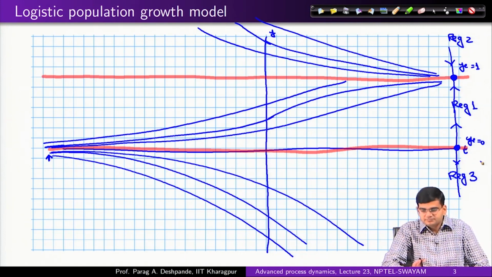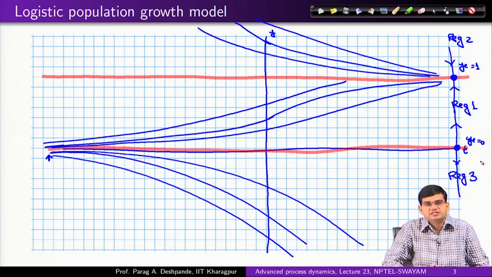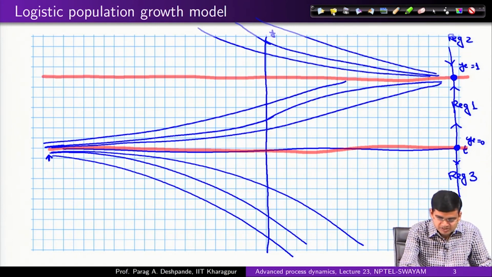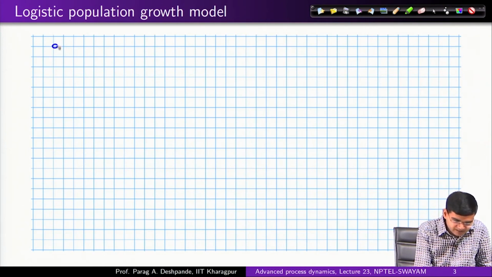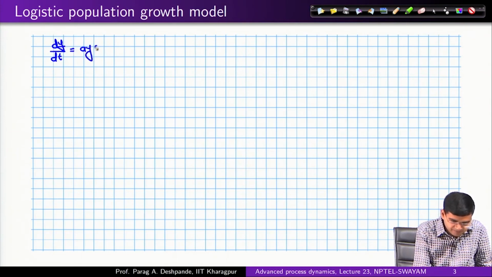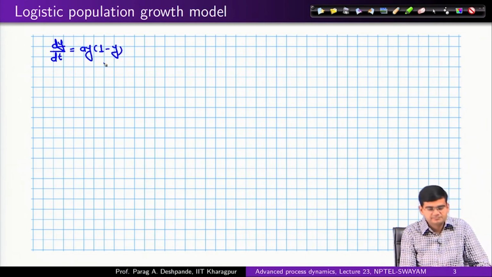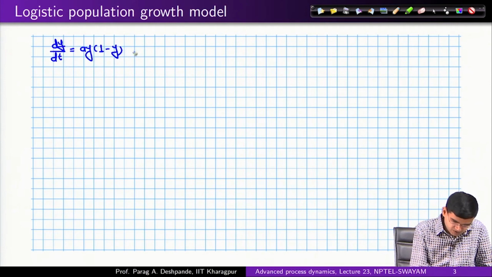Okay. Can we establish this stability using an analytical condition? So, you see here I have dy by dt is equal to a y (1 minus y). So, what I can do is I can refer to this as f.